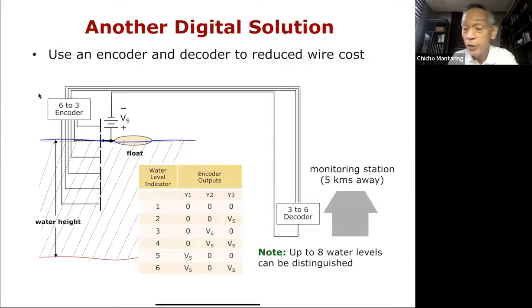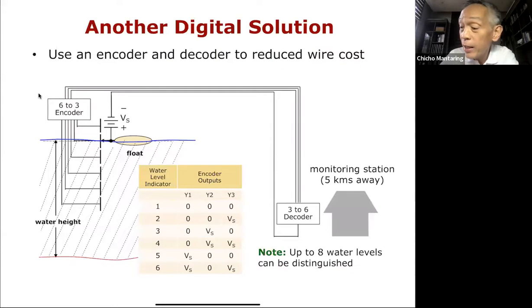So in effect, I will be able to distinguish, dito I only need to distinguish 6, but I will be able to distinguish up to 8 water levels.